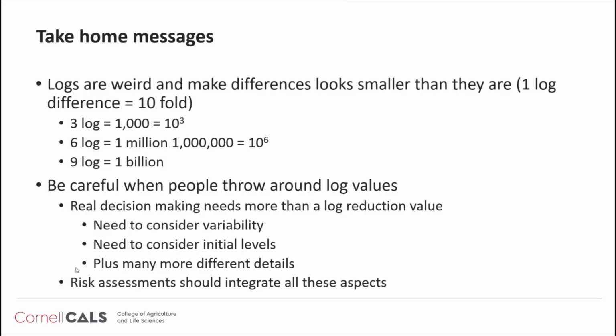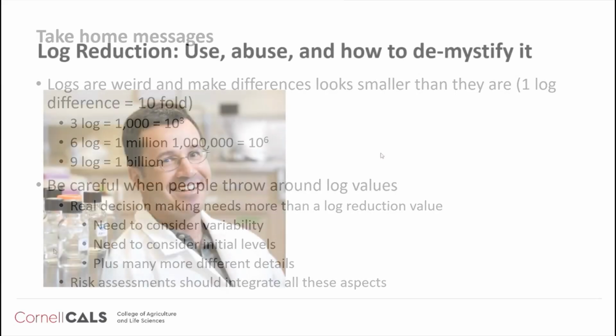You can manage a food safety system very well with substantially lower log reduction values, as the almond industry has shown. But in many cases, you have to get some level of risk assessment to really put it all together to help you understand how much of an actual risk reduction you get with a system that incorporates all these different pieces. Thank you very much, and I hope this was useful.